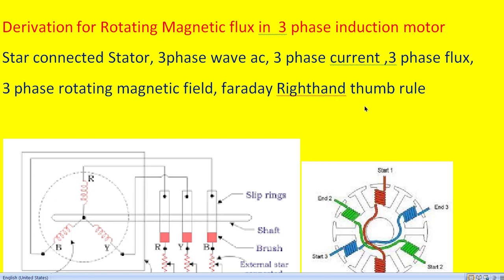We have also seen how to get the resultant flux using the flux vectors. And we also saw for RYB phase sequence how the stator flux rotates. So in this case we have seen the flux is rotating in the anti-clockwise direction.